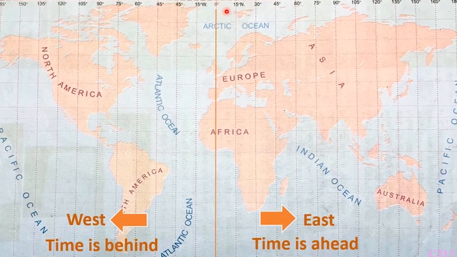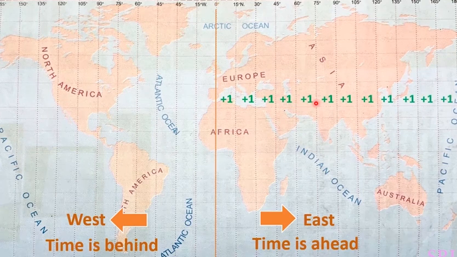So, if we move 15 degrees east, we will be 1 hour ahead. And if we move again 15 degrees east, then we will be again 1 hour ahead. And similarly, we will be 1 hour ahead if we move 15 degrees towards the east.